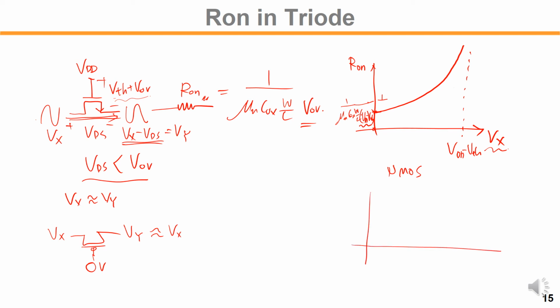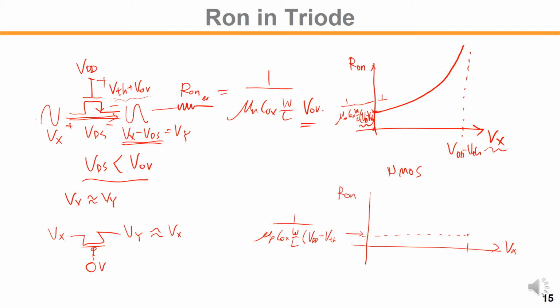In that case, the on resistance of the PMOS, when Vx is VDD, is the lowest resistance. That would be 1 over mu p Cox W over L times the overdrive voltage, that is VDD minus VTH.